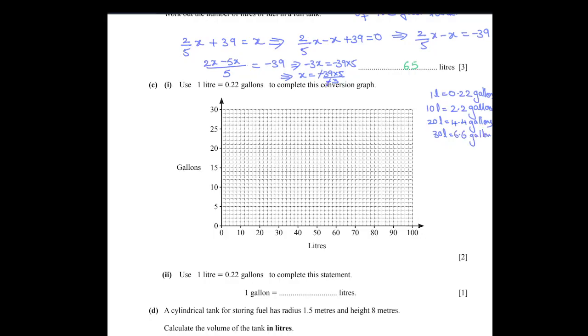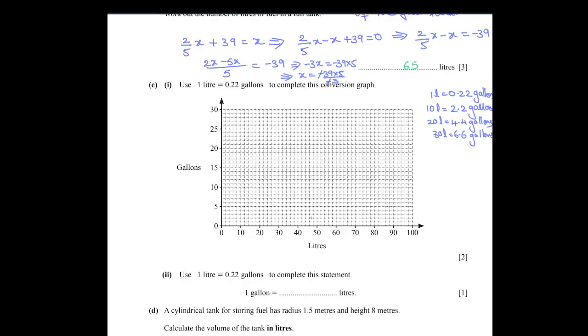Like this we can find for 40: 8.8, and 50 is 50 into 0.22, which will be 11.